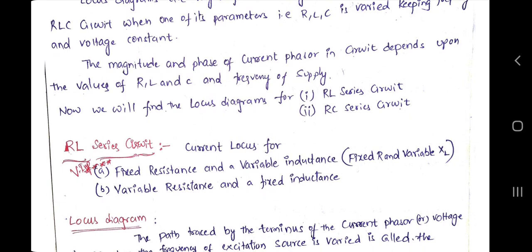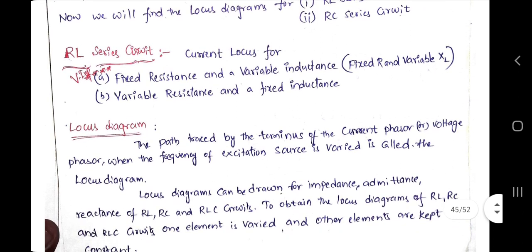Now we are going to talk about the locus diagram. The path traced by the tip of the current and voltage phasors, when the frequency of the excitation source is varied, is called the locus diagram. That means it is a graph of either the voltage or the current with respect to the frequency.